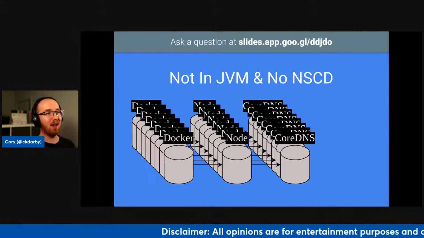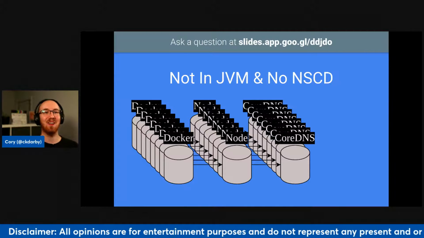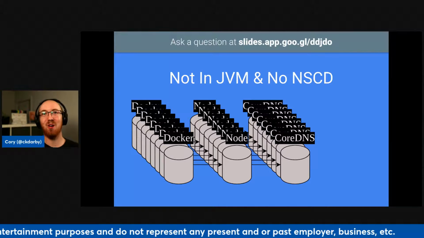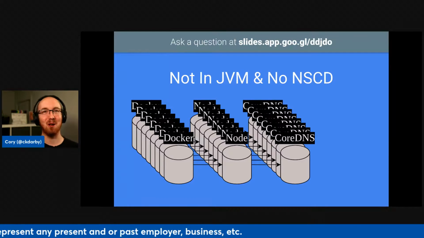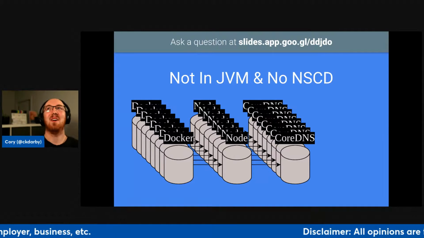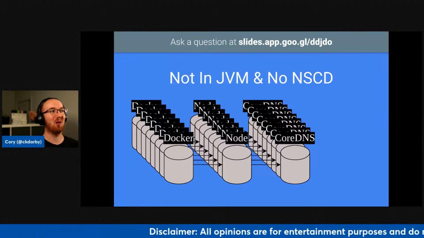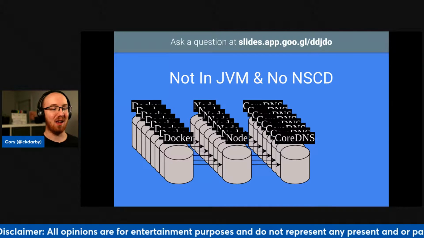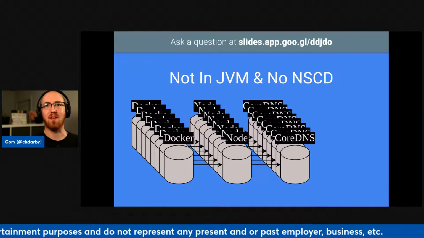So why do we care? Well, if you're not in the JVM and you don't have a name server caching daemon, you can overwhelm CoreDNS because you can have a boatload of requests going to it. And you can also spend a ton of your time waiting just for DNS resolution. If you profile, you pull up your flame graphs or your APM, you will suddenly wonder, how is DNS resolution taking 25 seconds?